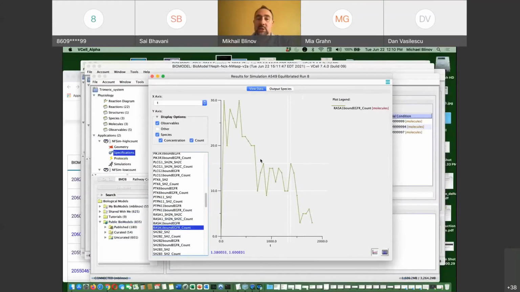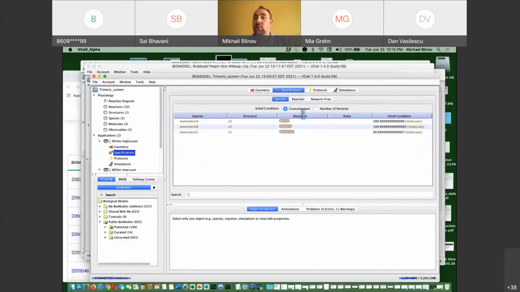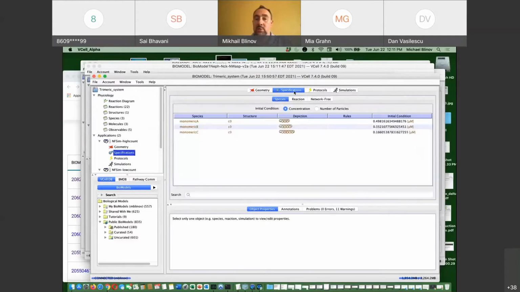But this is not impressive. You don't understand the trend. In this case, you can go here. So your concentration is still fine. You're happy with the concentration. So you go into geometry and you switch 1 micrometer to 10 micrometer. Now you go back to specification.